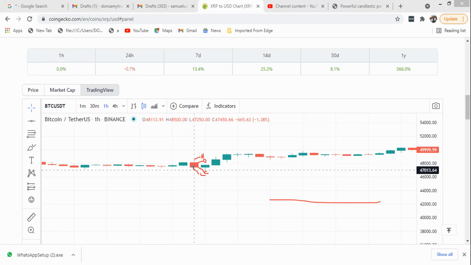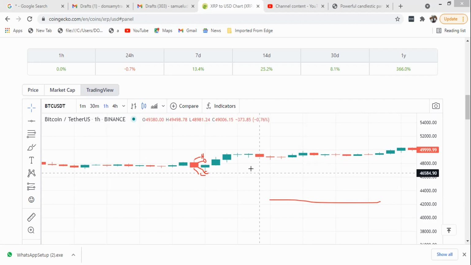Did the lowest at $47,013 and closed at 47,442. Okay, so which means when market will start the next 1 hour, it will start at the same 47,442 and continue from there. I hope this is very clear.